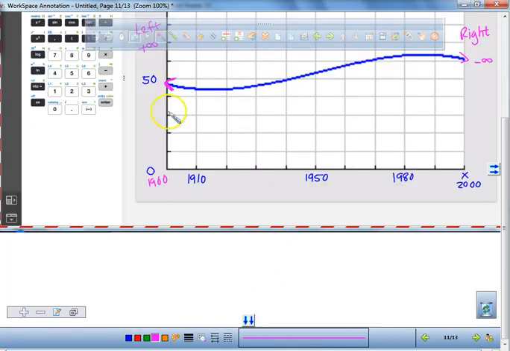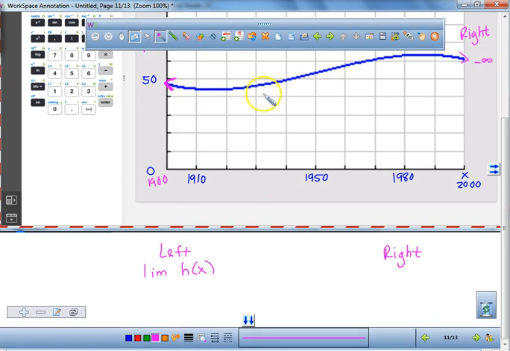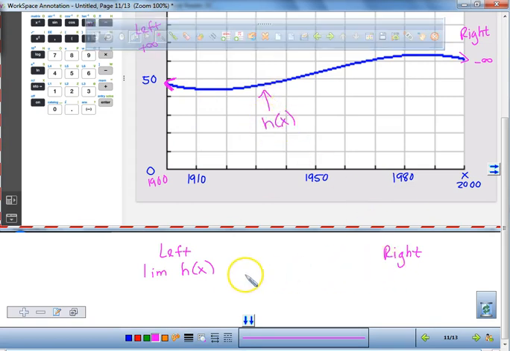So here's how I want you guys to describe it. I'm going to put left. This is the left end behavior. This is the right end behavior. So you're going to write the limit of f of x. Actually, we'll call it h of x, I think it's called h of x in the problem. The limit of h of x, remember, this graph is our function h of x that we typed in, equals positive infinity as x approaches negative infinity.